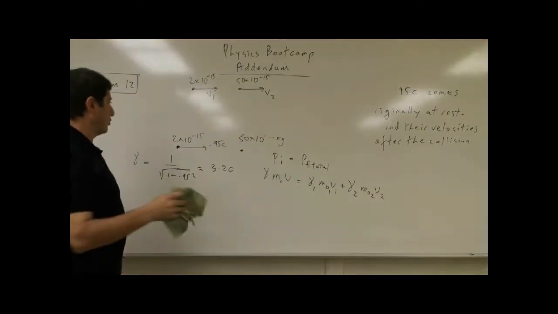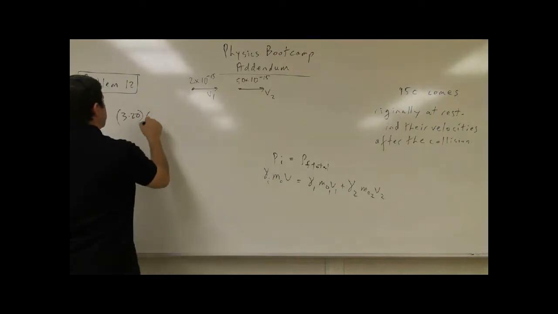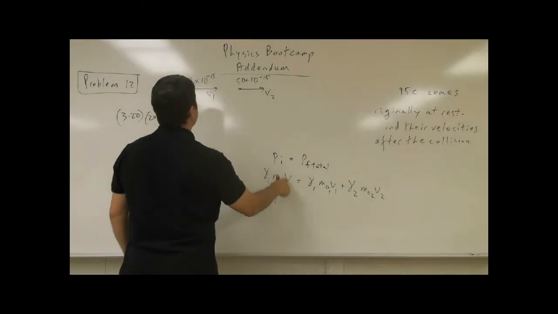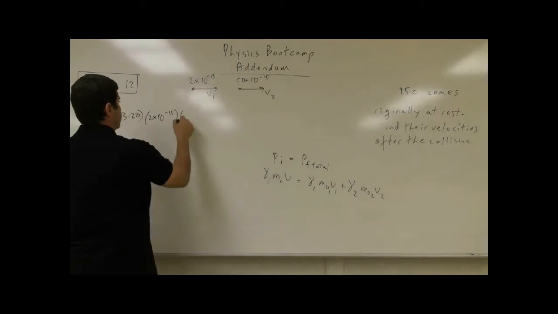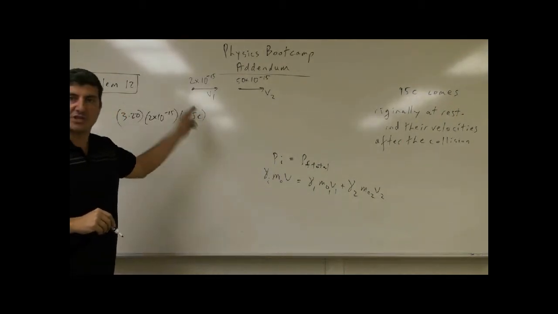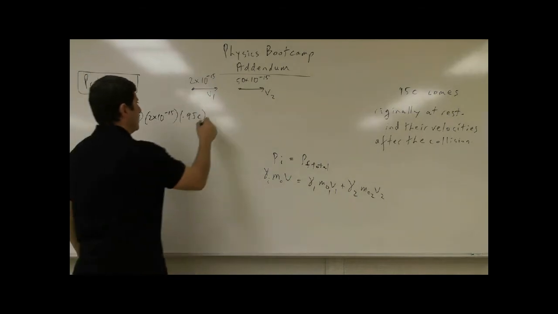So let's put down what we have so far. The mass of the incoming particle, 2 times 10 to the minus 15. The velocity of the incoming particle, 0.95 the speed of light. So I'll keep it as that. I won't put down what the speed of light is, so our answer will be in terms of the speed of light.